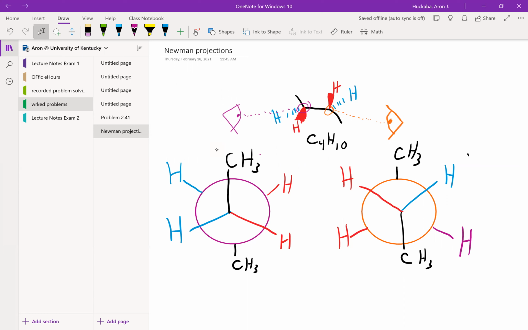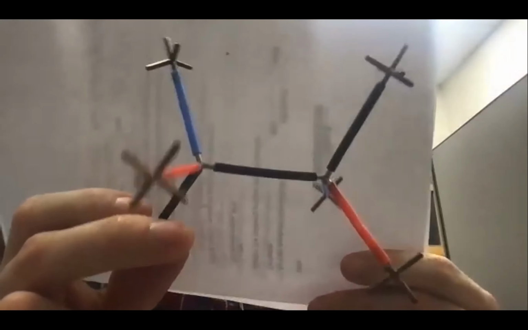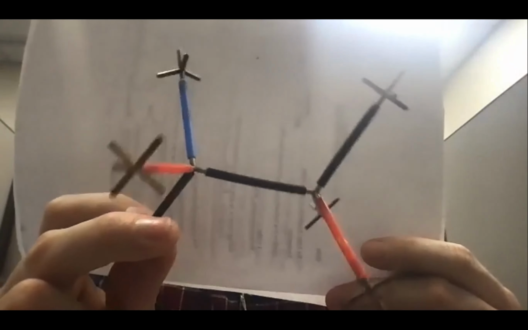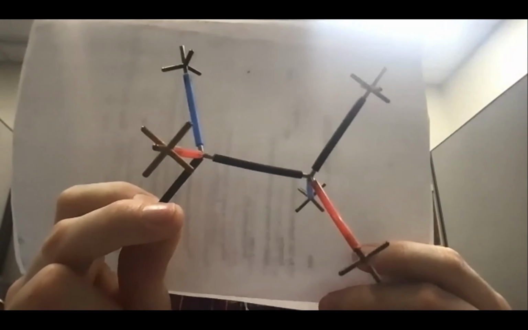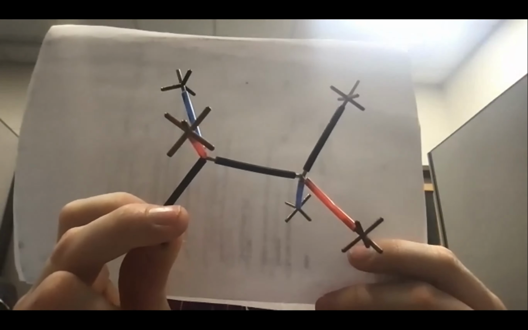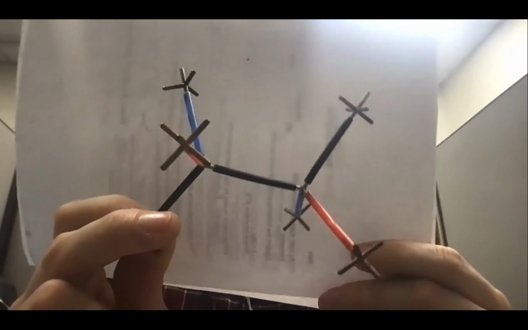Perhaps you can't see that. Maybe I should turn my screen. I'll just stop sharing here. We'll try this again. There we are. So the blue ones are the dashes, and the red ones are the wedges, and the black bonds here are the carbon-carbon single bonds that are in the plane.